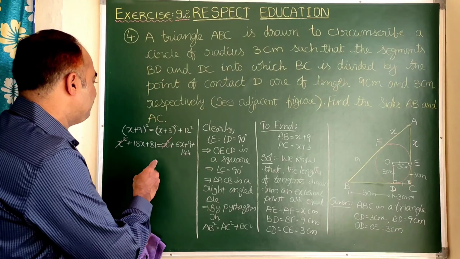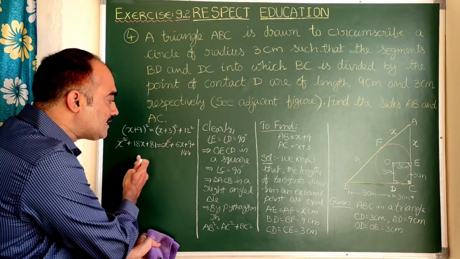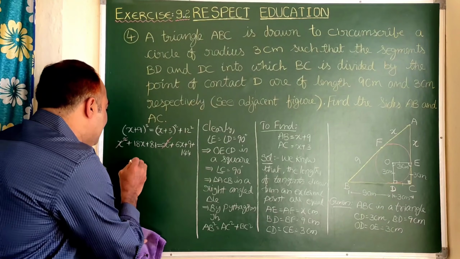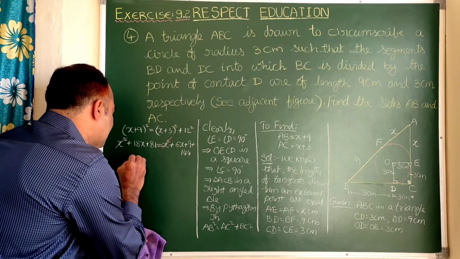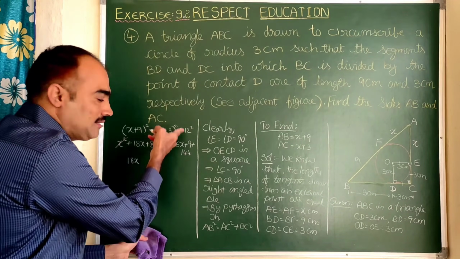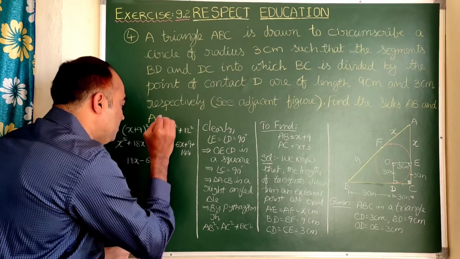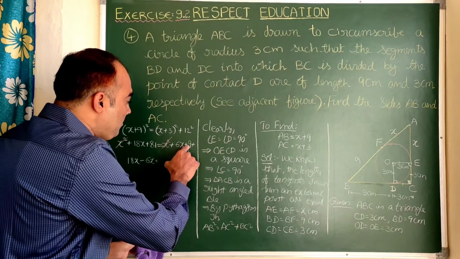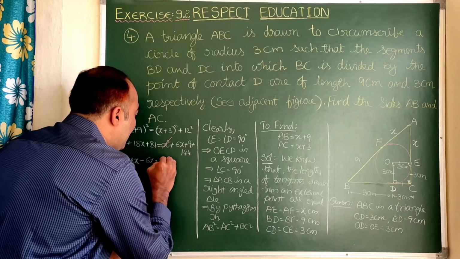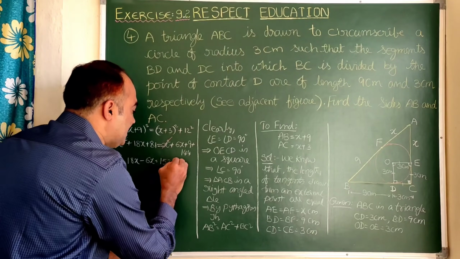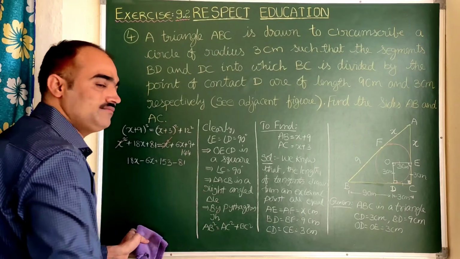Now let us bring all the x terms to one side and constants to the other side. 18x as it is, plus 6x brought to this side becomes minus 6x, is equal to 9 plus 144, which is 153. Plus 81 on this side becomes minus 81.